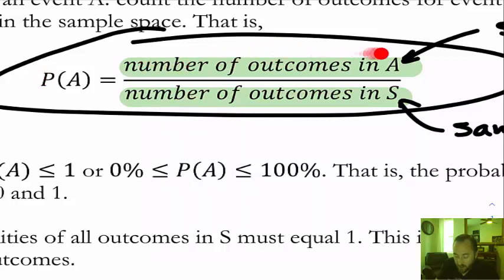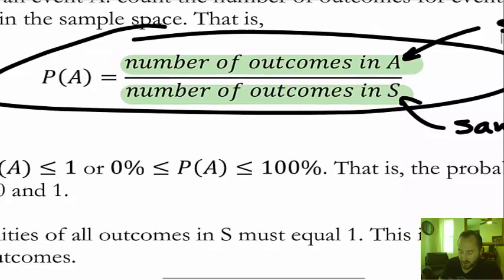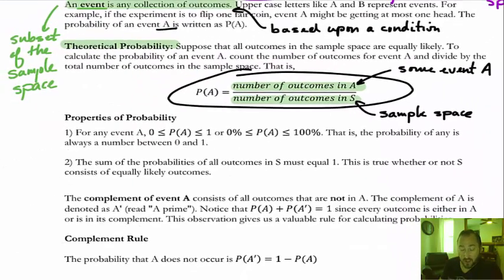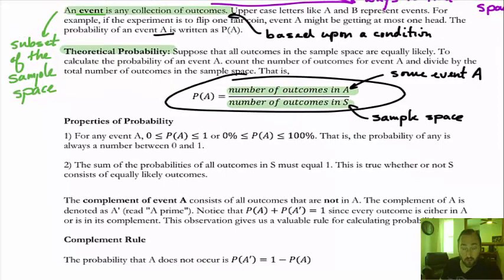So again, the numerator is a count of the values, or the number of outcomes, in the event A. And A is based upon a condition, what somebody made up. Once we figure out counting, then for the denominator we also have to know the count of all the outcomes in the sample space. Dividing those two numbers, or representing them as a fraction or a ratio, is our probability.